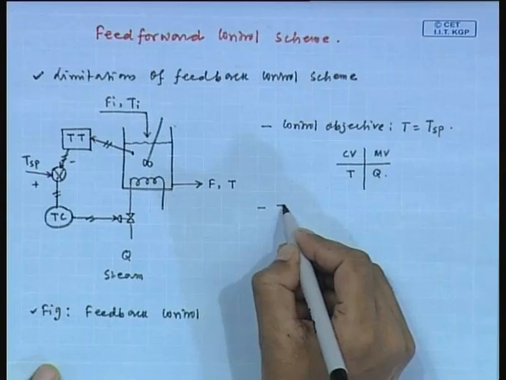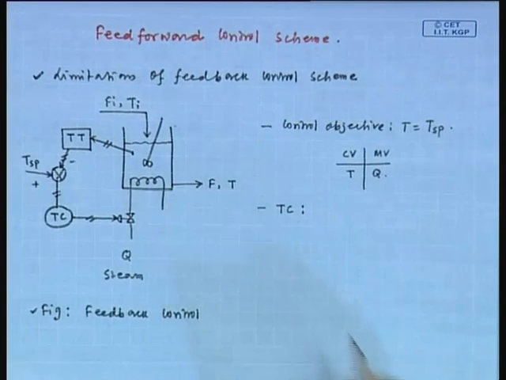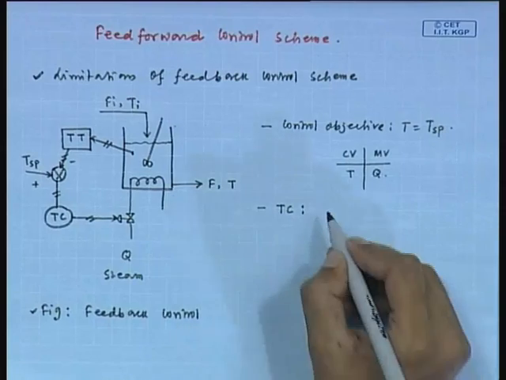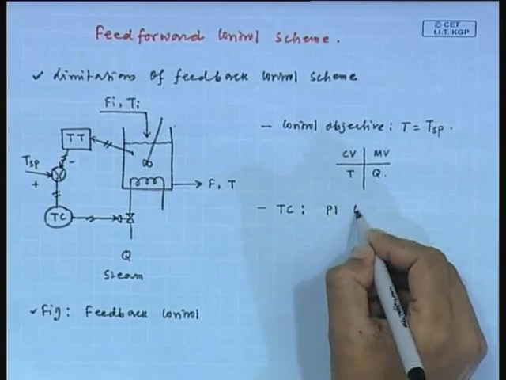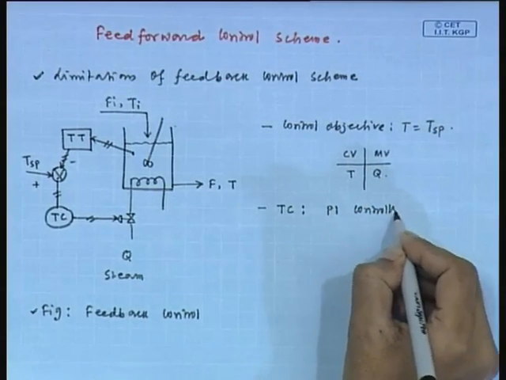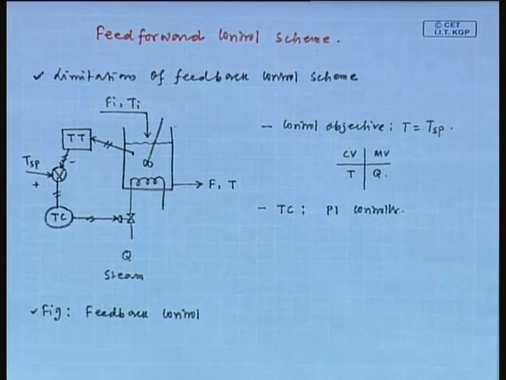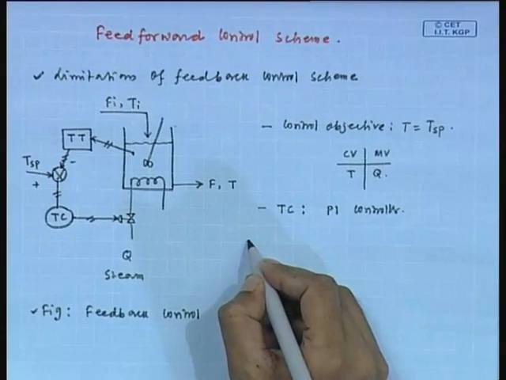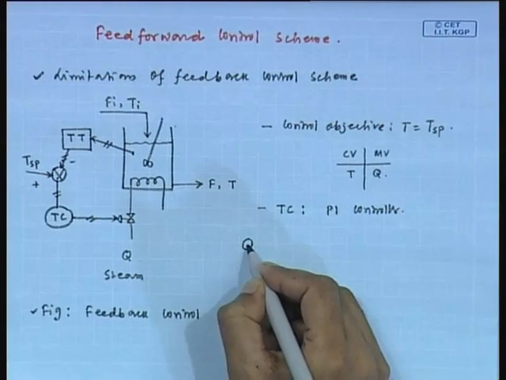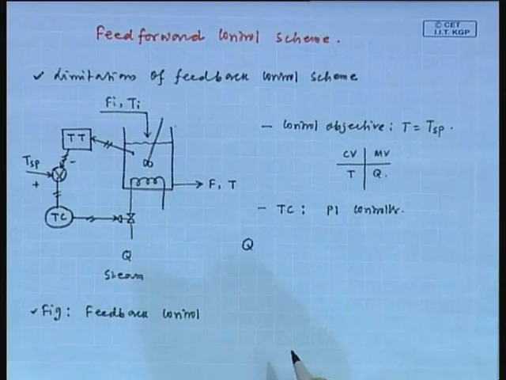Now, you see here we have used one controller, that is TC. Suppose this is a PI controller, that is a feedback controller. Now, what will be the equation for this PI controller?